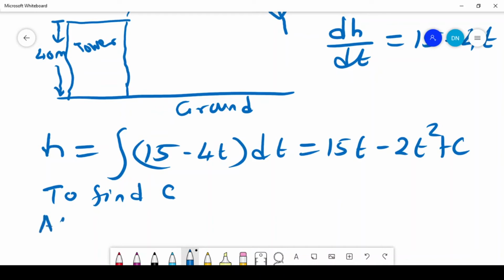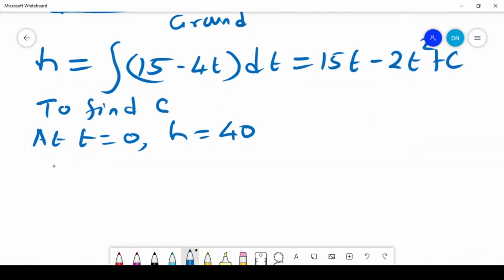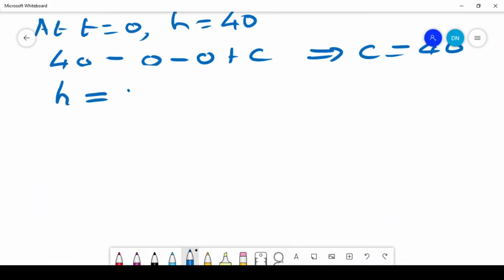We know that at time 0, before the stone was thrown, h was 40, because the person was already on the top of the tower. So using that information, we substitute and find c. So 40 is equal to 0 minus 0 plus c, and that tells us that c is 40. So h will be equal to 15t minus 2t squared plus 40.